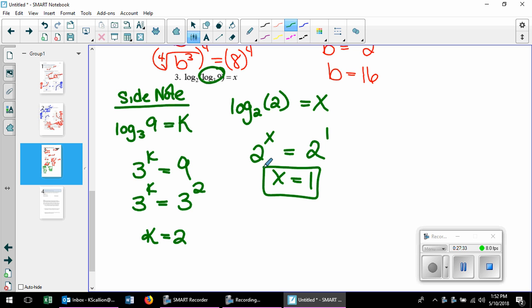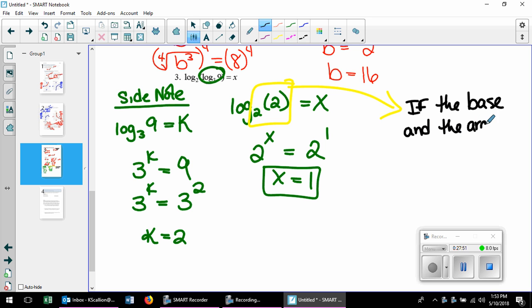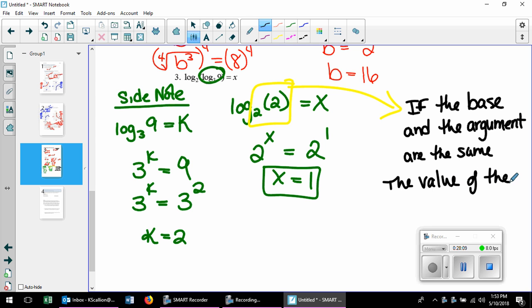Okay, another quick thing. If you get into a situation like this, it is a known truth in mathematics.